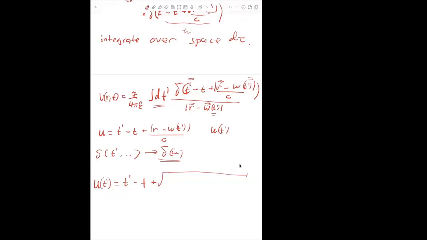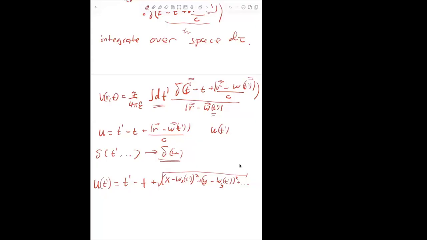Okay, so this is r minus w. So x is for r. Then I have x minus wx of t prime, squared, plus y minus the element of w in the y direction, t prime, squared, plus the z direction.